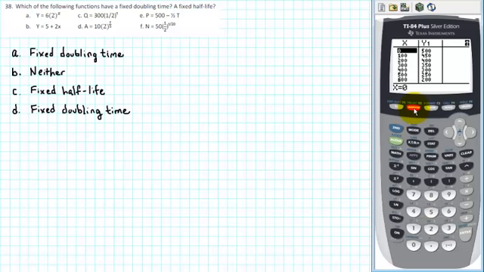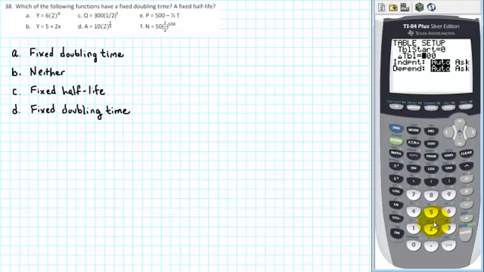We go back to table set, leave our table start at 0, and change our table increment from 100 to 500, which was the initial amount of time that it took for the initial quantity to be cut in half. Go back to the table, and we notice that as x goes up by 500, the y values are not being cut in half.